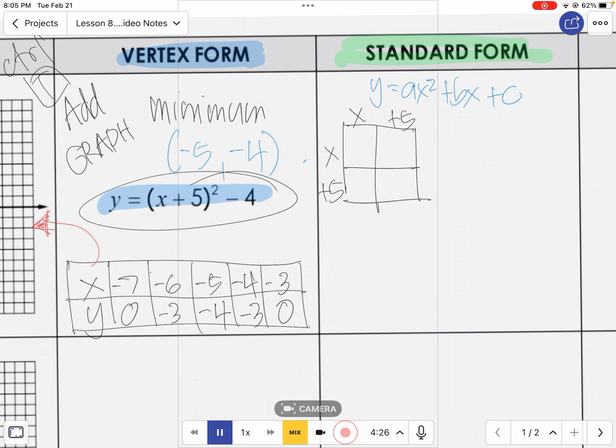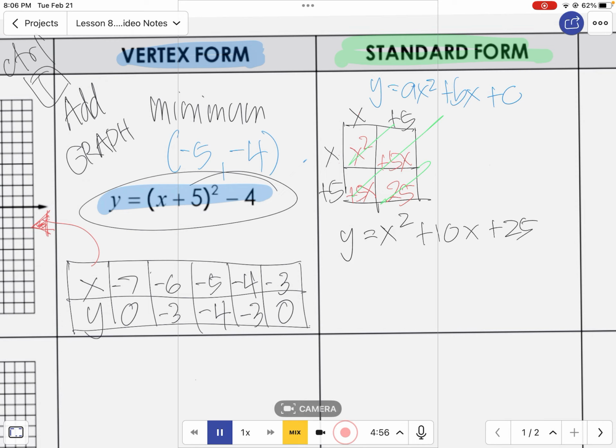Now let's complete the table. x times x makes x squared. 5 times x is positive 5x. x times 5 is positive 5x. And 5 times 5 is 25. Now work on your diagonals. With the diagonals, our equation ends up to be y equals x squared, 5x plus 5x is 10x, plus 25.